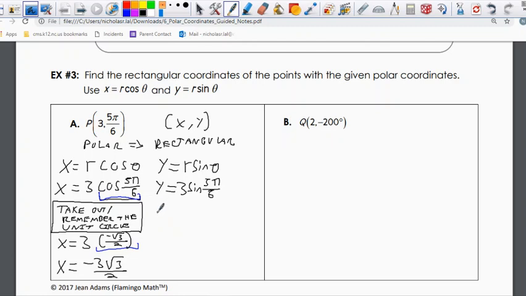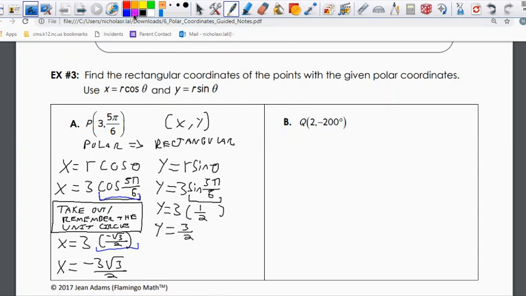The sine of 5 pi over 6 from our unit circle is going to be 1/2. So 1/2 times 3 is 3/2. So our y value is going to be 3/2.